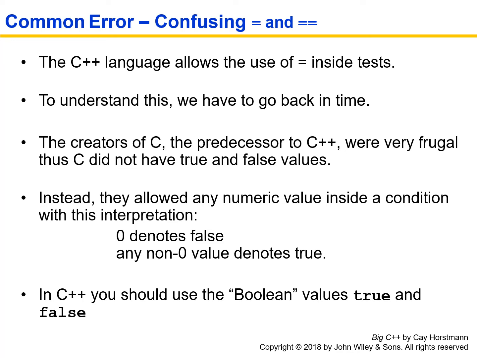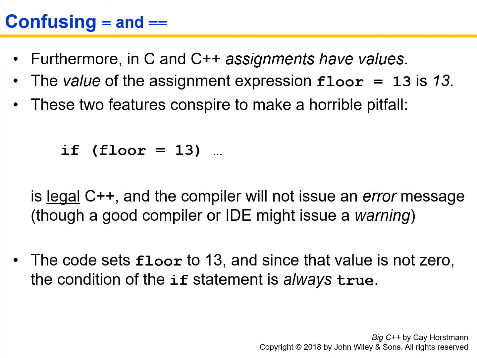This is really, really confusing, and I'm not sure why C++ retained this coming from C, or why C had it in the first place. So the statement floor = 13 has the value 13. Okay, 13 is not 0, so it is read as true.